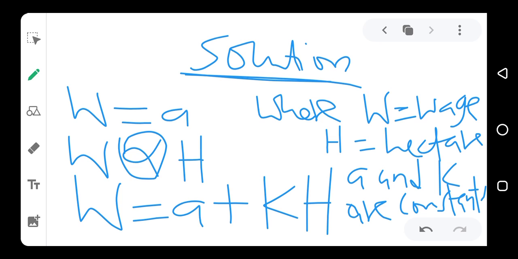Defining all the terms you use in your equation is very, very important. Anytime you put an abbreviation, you must state what that abbreviation means.